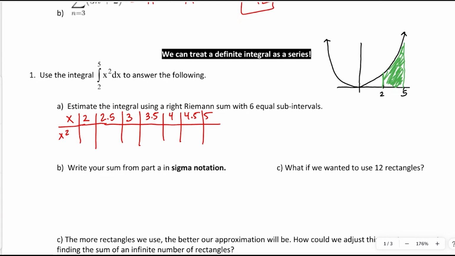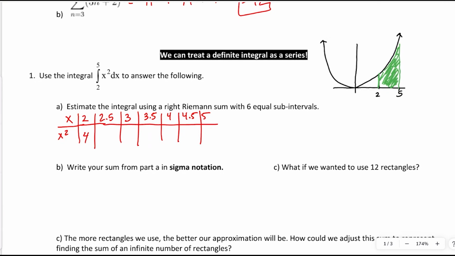What's 2 squared? 4. Now, if you don't know what 2.5 squared is, that's okay. It's 2.5 squared, whatever that is. If you want to throw that in a calculator, if you know it's 6.25, that works too, but we don't need to worry about simplifying. 3 squared is going to be 9. 3.5 squared, I don't know.